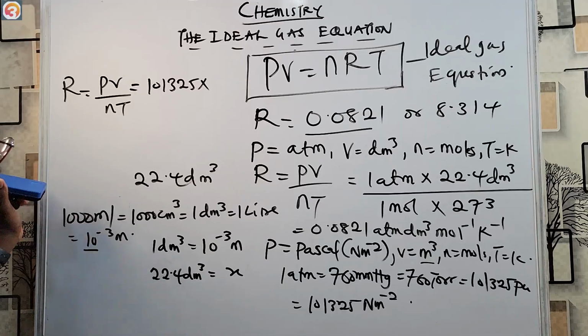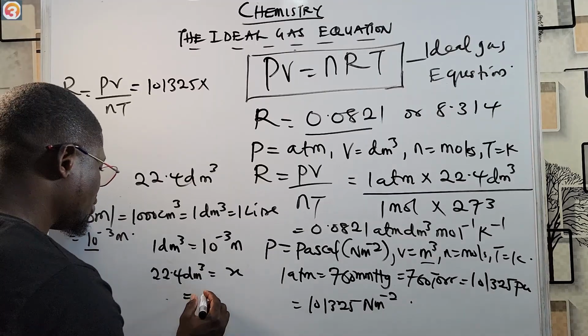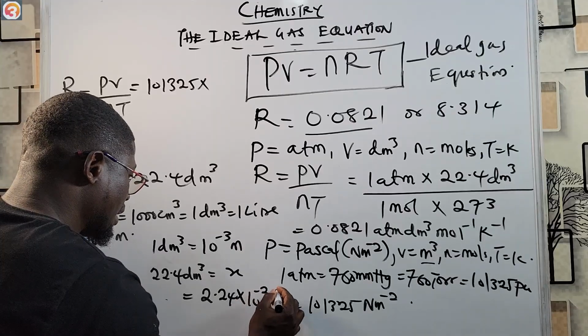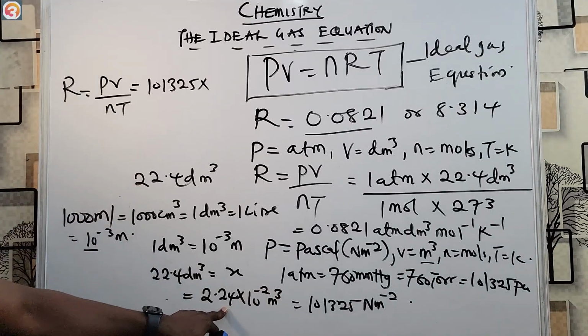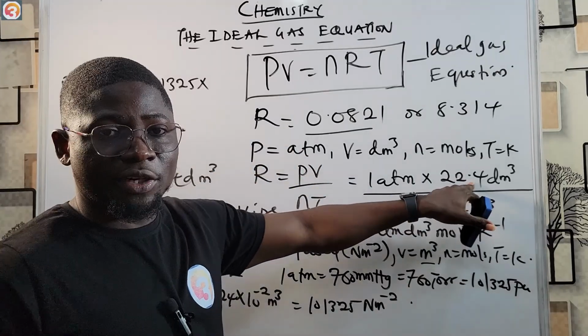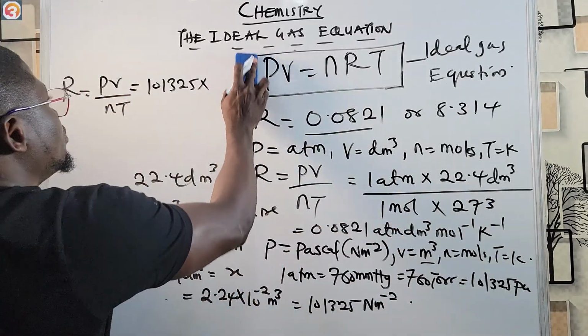If you do this very well, you see that it will be equal to 2.24 times 10 to the power minus 2 m³. All right. So this value now is what I'm going to use here, instead of 22.4 dm³. Please use that value.